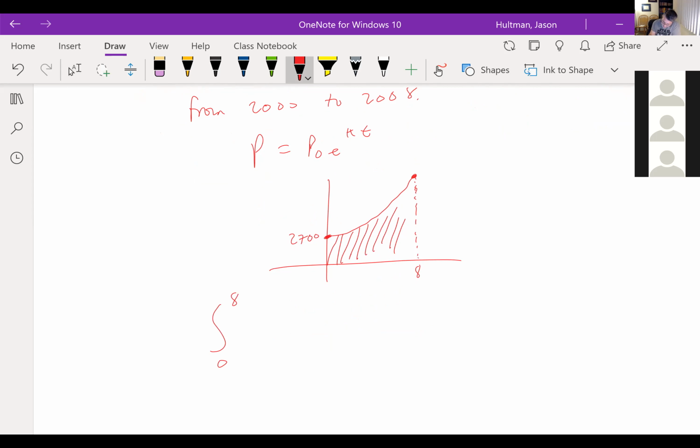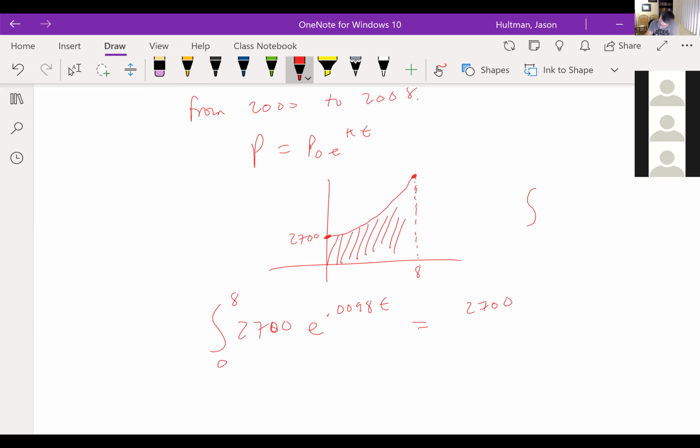8 of P naught, which is 2,700, e to the 0.0098, that's 0.98%, t. And we saw that this equals P naught over K, so P naught was 2,700 using the formula.